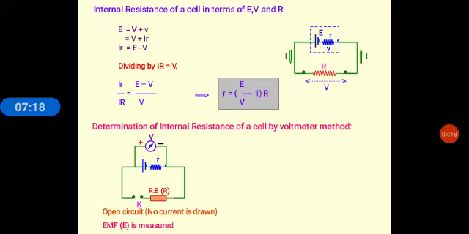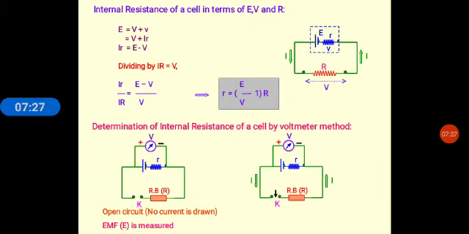At that time the EMF is measured using the voltmeter. In the next case, we'll close the key, and when we close the key, the current will pass through the circuit, and at the same time we'll measure the potential difference using the voltmeter, which is connected in parallel with the cell.